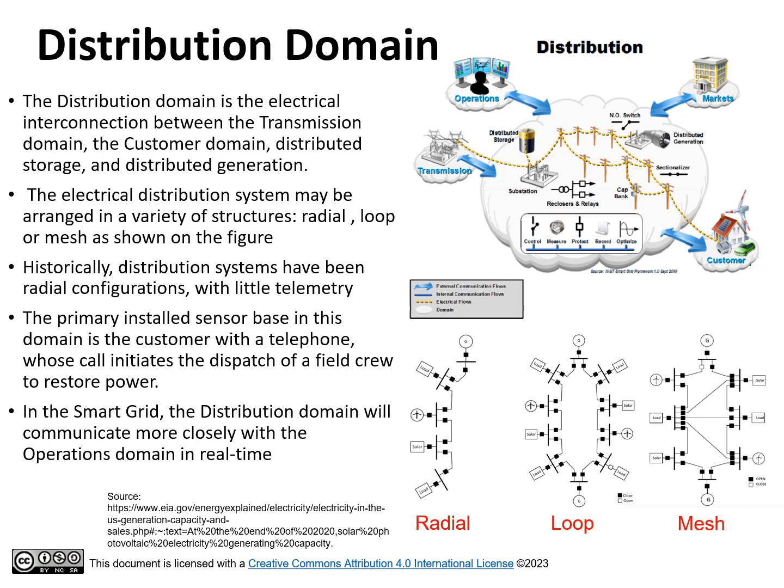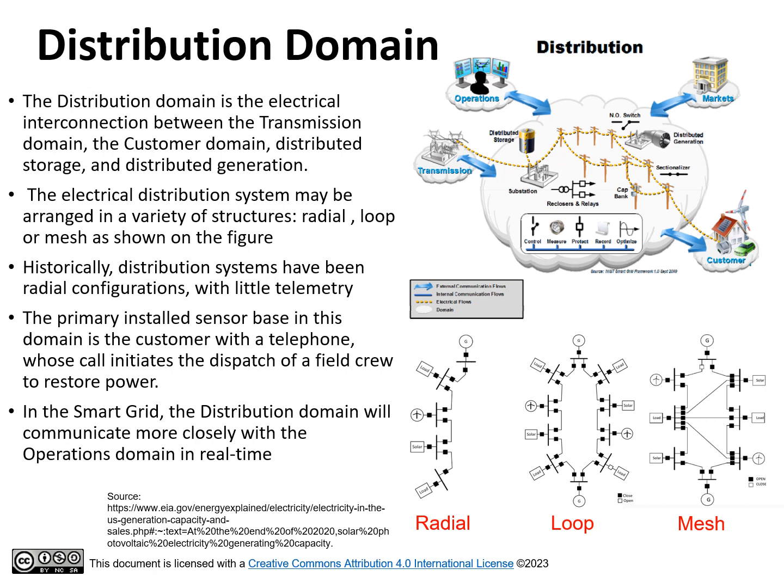The distribution domain is the electrical interconnection between the transmission domain, the customer domain, distributed storage, and distributed generation. The electrical distribution system may be arranged in a variety of structures: radial, loop, or mesh as shown in the figure.